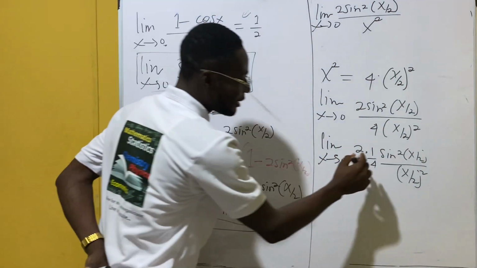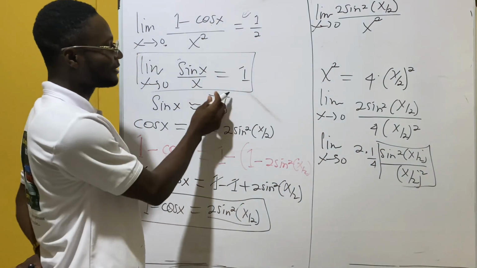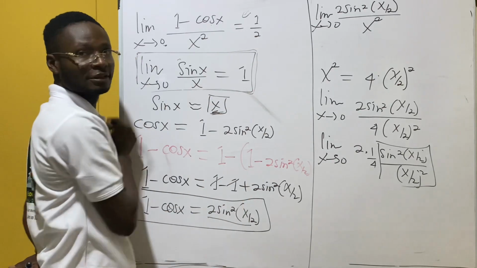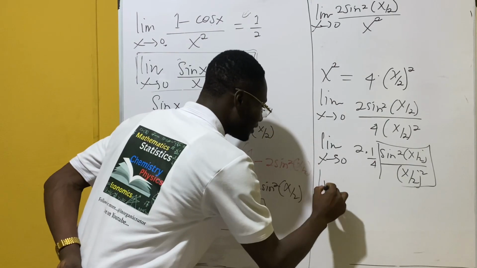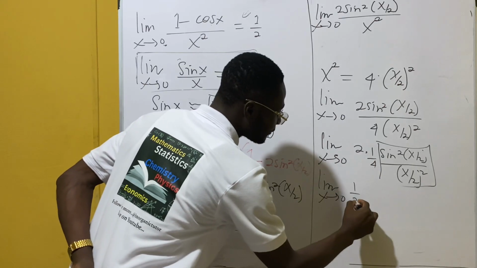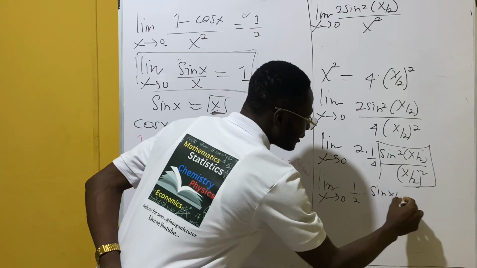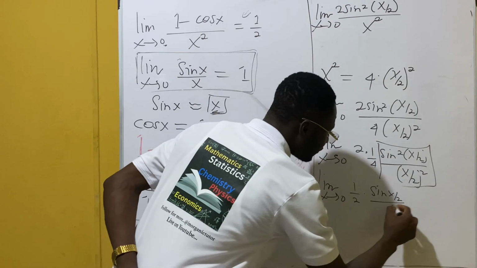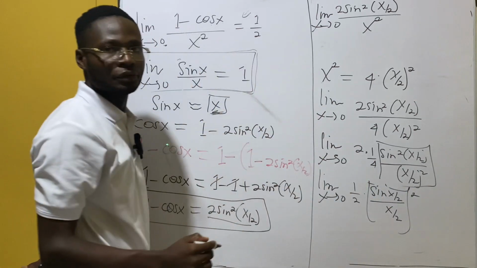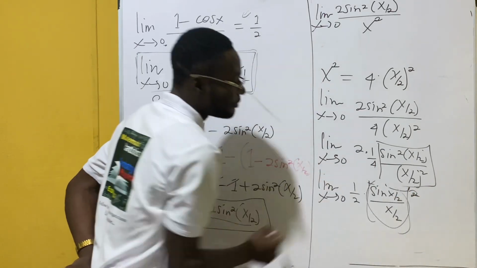This expression can be expressed as half times the quantity sin of x on 2 over x on 2, squared. This quantity is basically 1.